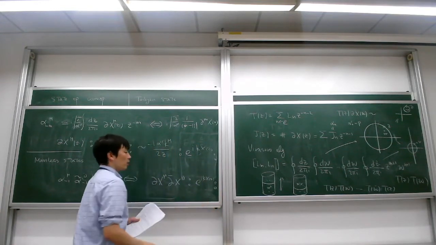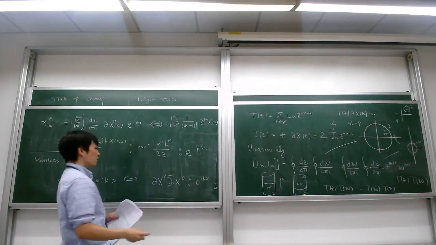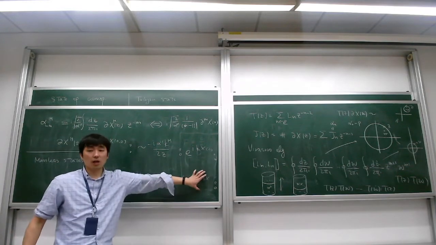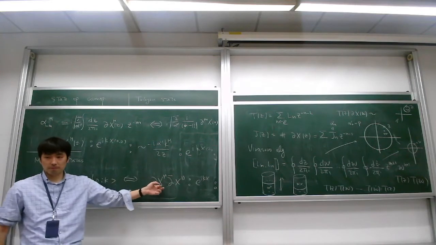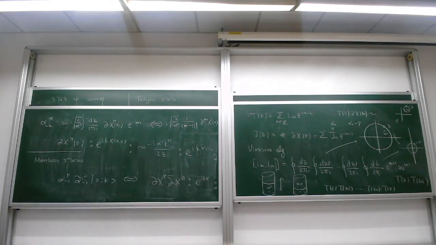So this is the corresponding operator by the state-operator correspondence. Okay. So this vacuum corresponds to the identity operator, and alpha_-1 corresponds to this operator. So that's the state-operator correspondence.